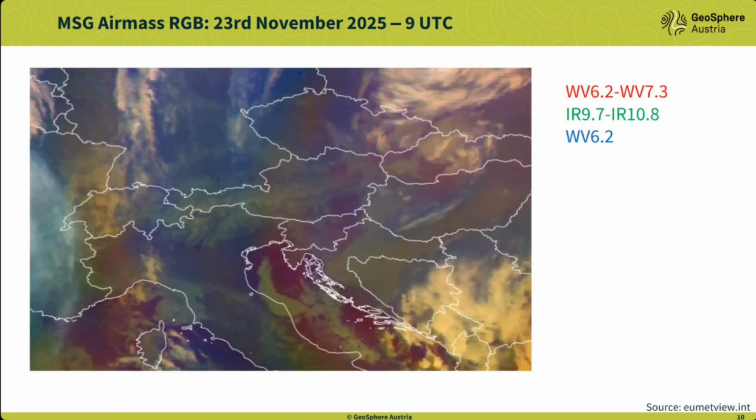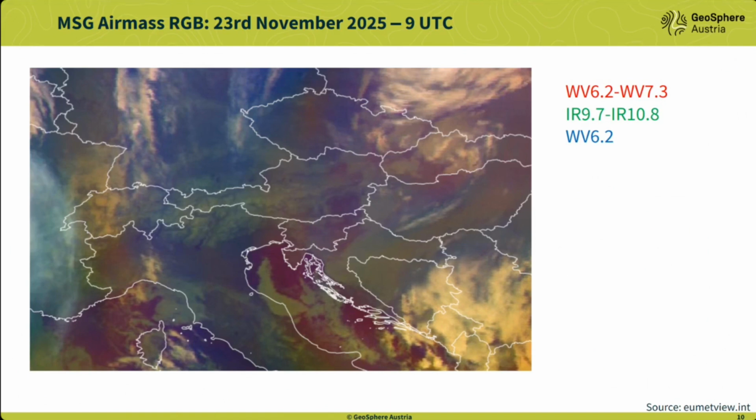So I was hoping for an interesting phenomenon to occur, because if it's really, really cold, you can sometimes see it in the satellite images, especially in the Airmass RGB. So if there is really cold air on the ground and a prolonged high pressure system going on, then you can sometimes see the cold air.